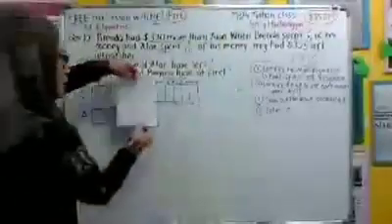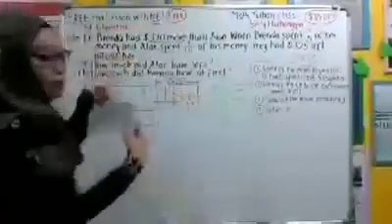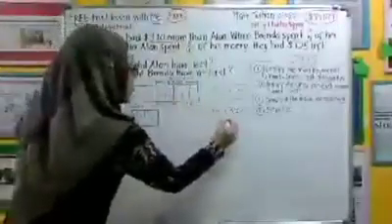Okay, if I were to cover all of this and just focus on this extra, can you see that 320 is 1, 2, 3, 4, 5 units? 5 units is 320. Okay, 5 units is 320. Here, 1 is 320 divided by 5. That will give me 64.